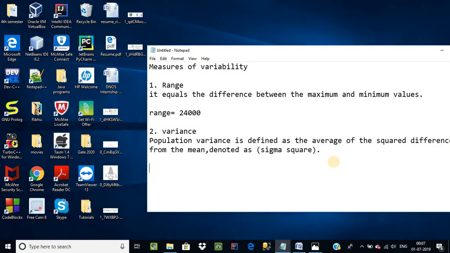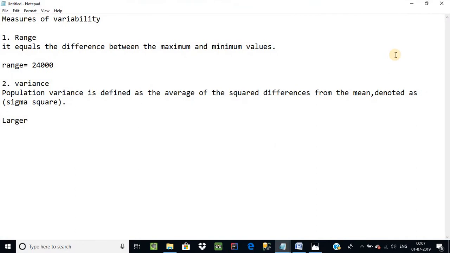Larger variance means the data are more spread out. Please, my dear friends, keep this in mind, because larger variance always means the data is more spread out, and n is the number of observations.